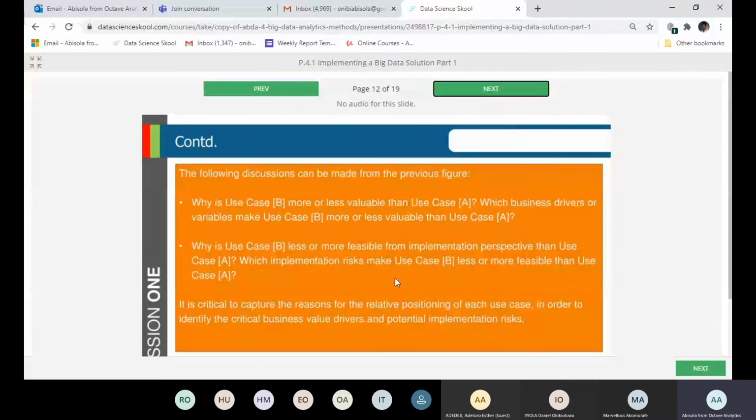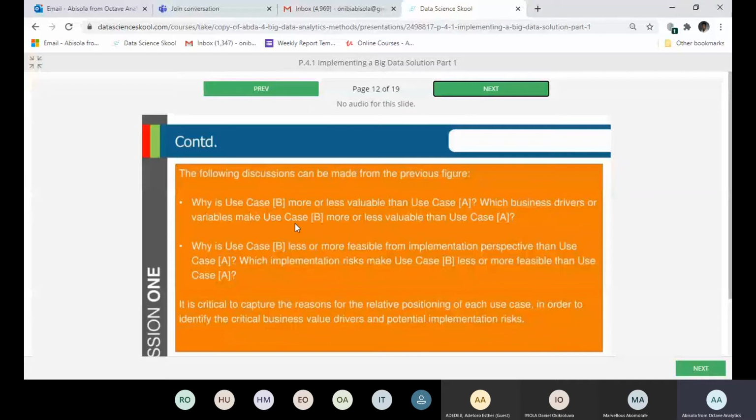To be more specific, these are the following decisions that can be made from the previous figure. Why is use case B more or less valuable than use case A? Which business drivers or variables can make use case B more or less valuable than use case A? So you can get discussions from it. Why do you say B is more valuable, or why is it less valuable?